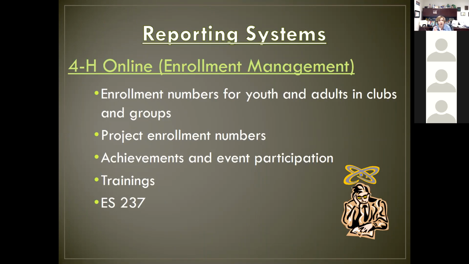From that, we get our enrollment numbers of youth and adults that are in clubs and groups. That's where we get our project enrollment numbers. There's a way that you can do achievements and event participation through 4-H Online. You can put in trainings, and that's where we get our ES 237.